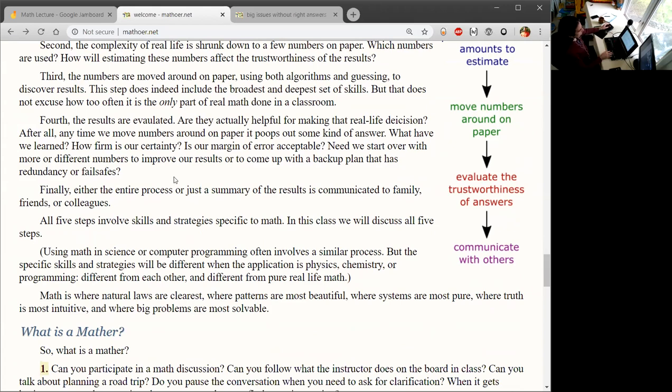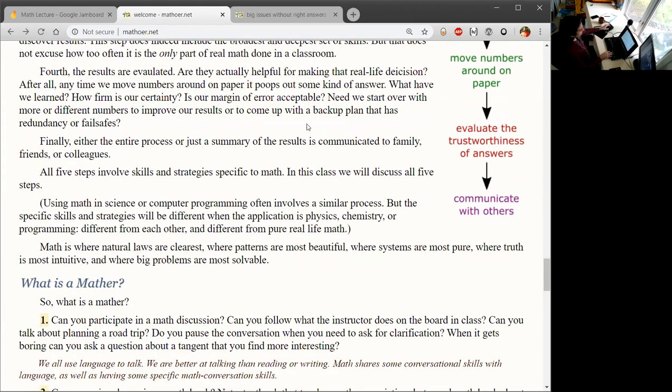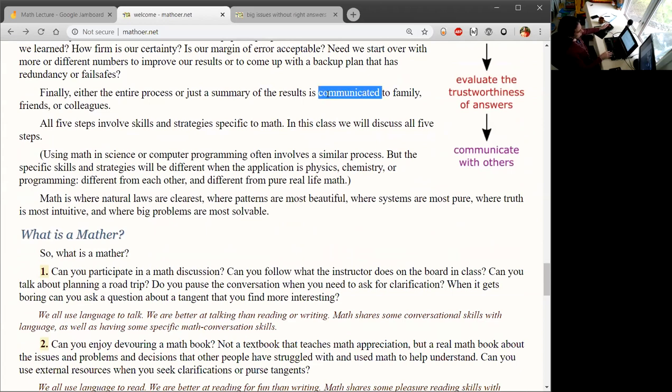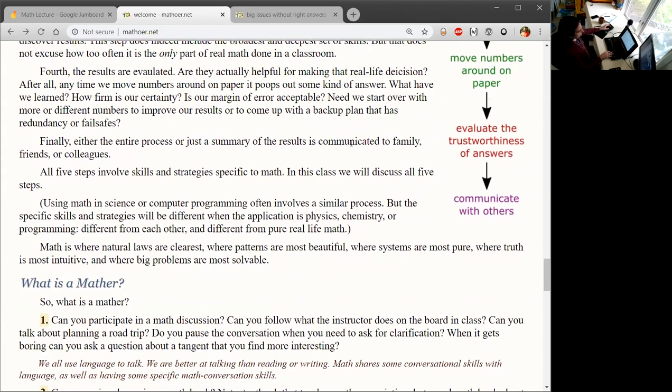Or are all of my assumptions so vague that I have no idea if I can act on this or not? And then usually there's some communication. Sometimes we're loners, but usually we have to talk to someone else and say, yes, we should, whatever, pay our taxes early or on time this year because of what just happened with the federal laws and so on, and tell somebody about what decision you made.